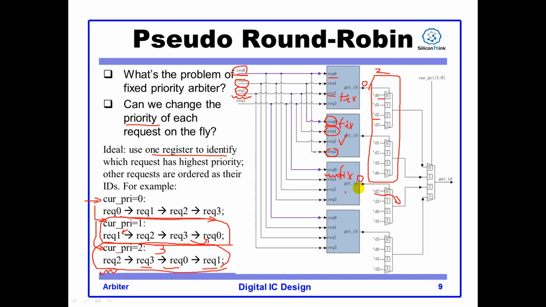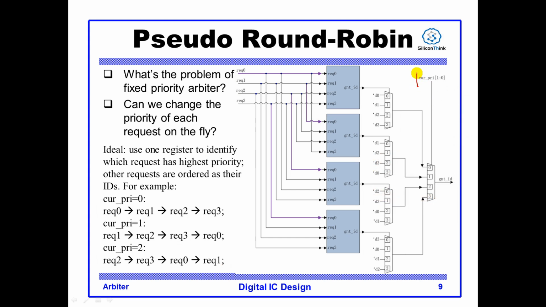And if this is 2, the output ID is 2, so request 2 is grounded, and request 2 is connected to request 0. So 2, 0 will be marked to this point. So the 4 marks here are used to trace back the ID of the actual request for each of the fixed priority arbiters.